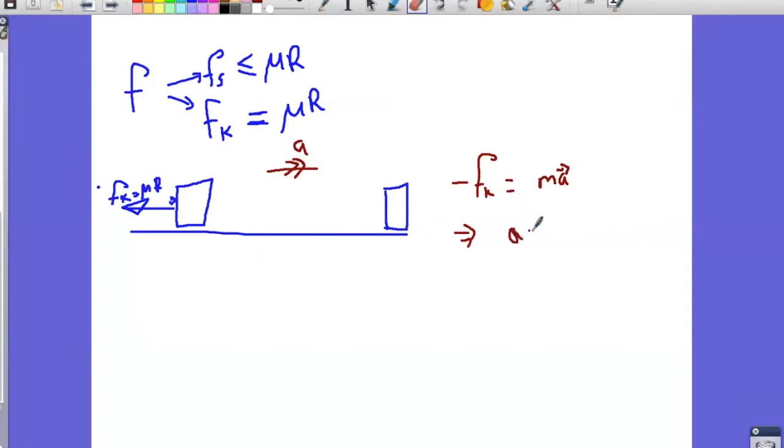So your a will be negative Fk over m. After you find the acceleration, you will use the value of this acceleration and your SUVAT equations to find how far the object will travel, s. You'll find s using the acceleration that you have found here.